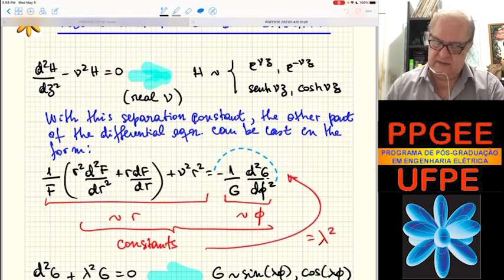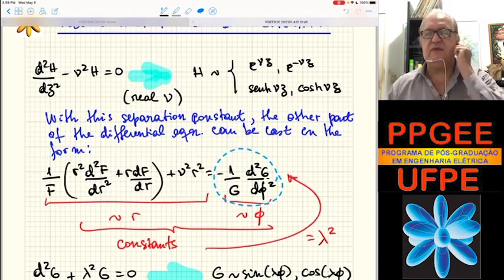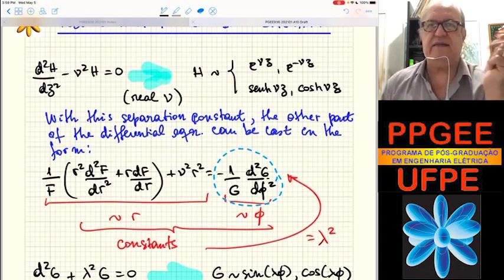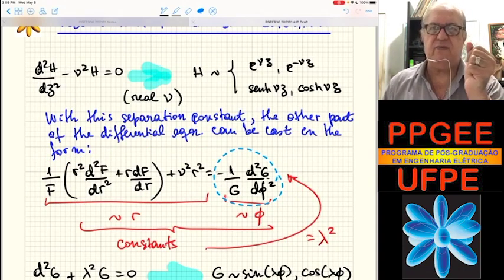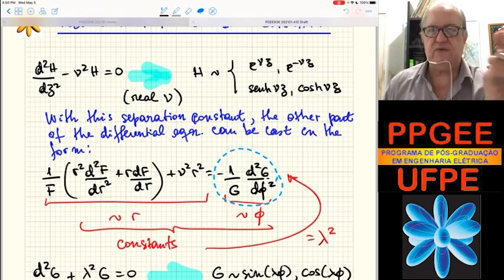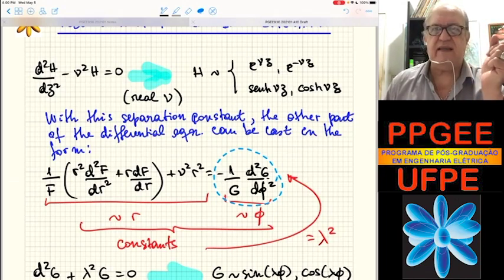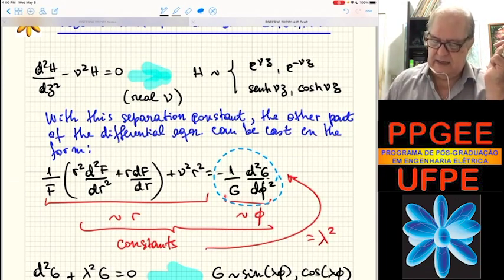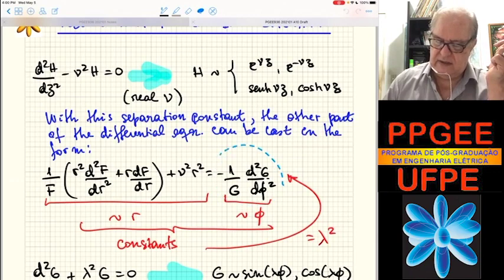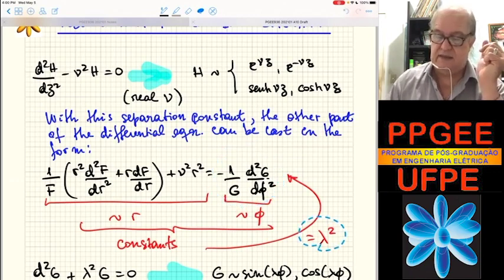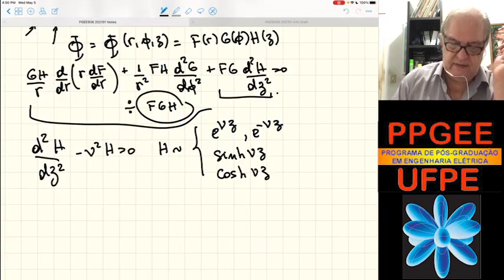And typically we're going to have the full domain for phi changing from 0 to 2 pi, so we want to have solutions in phi that are periodic. So we're going to choose the separation constant for this function here equal to lambda squared. That's going to generate this equation.